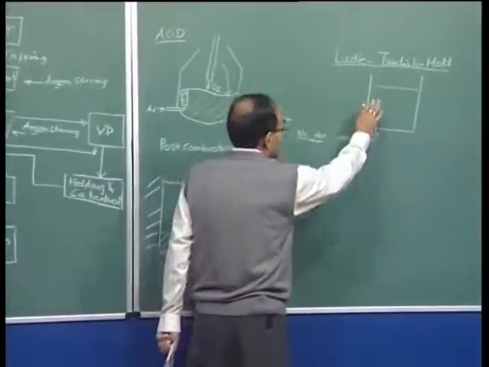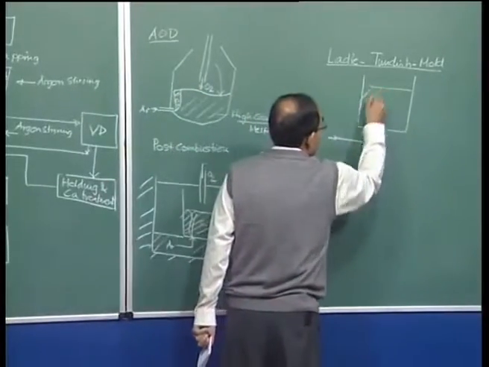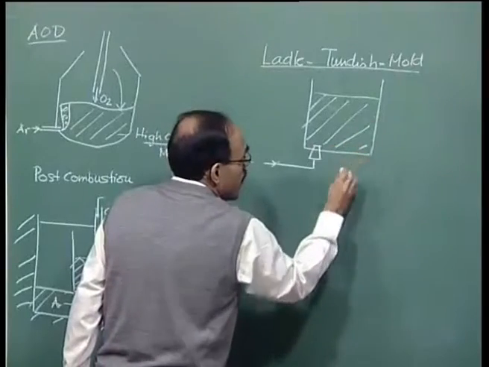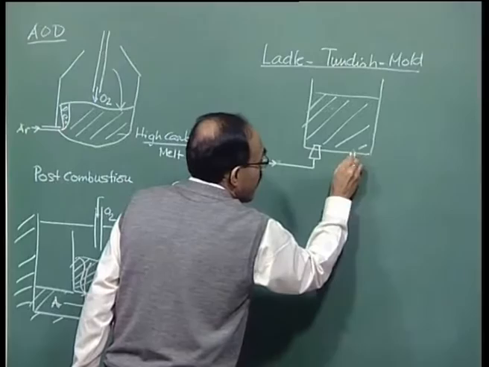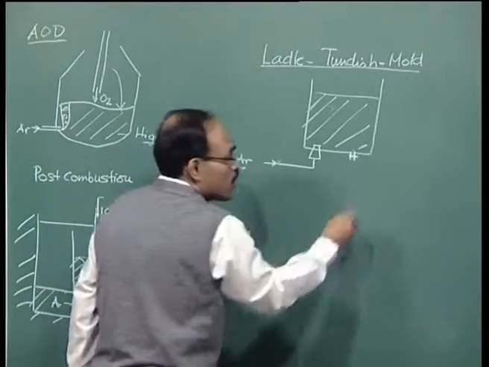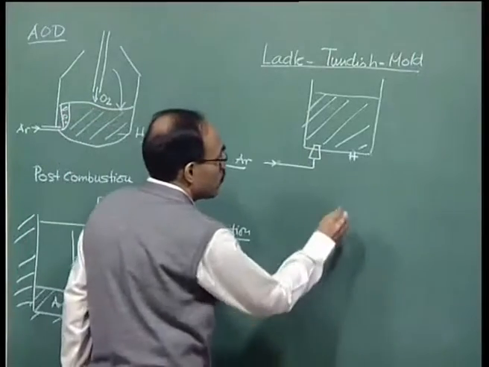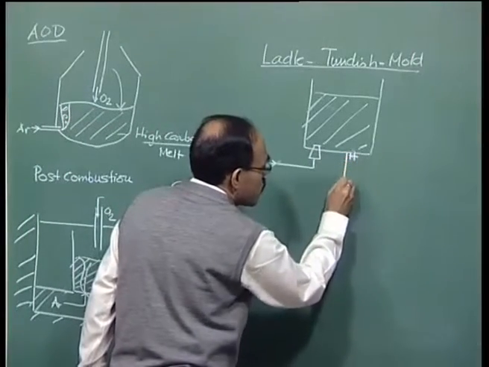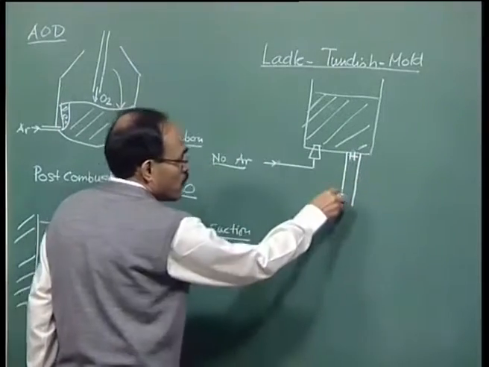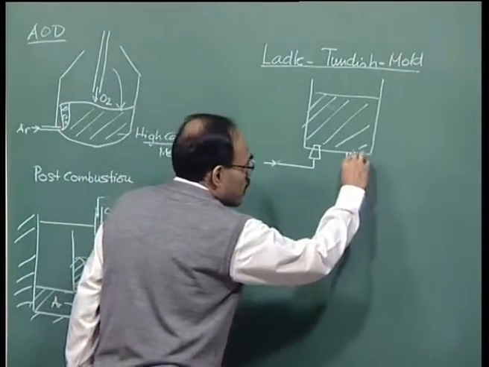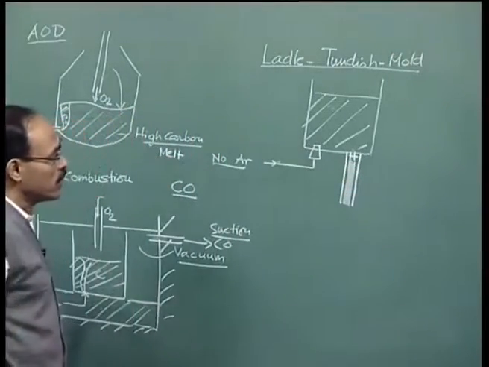The steel is sitting here in the ladle itself, and then we have, as I have mentioned to you, a slide gate arrangement here. I am going to explain that slide gate a little later. Through this slide gate we have what is known as a shroud, which is typically attached, and this shroud basically protects the stream of molten metal that flows out of the ladle.